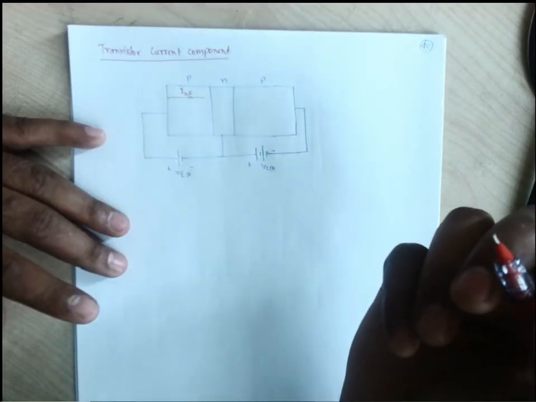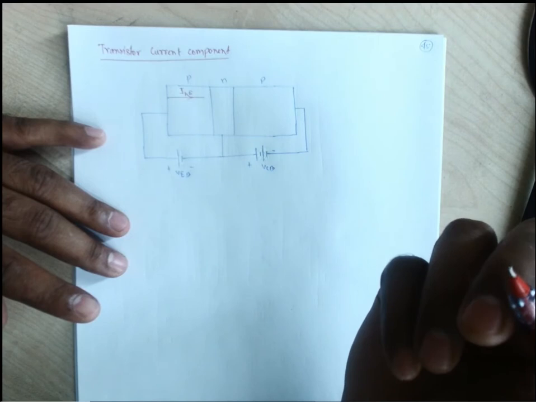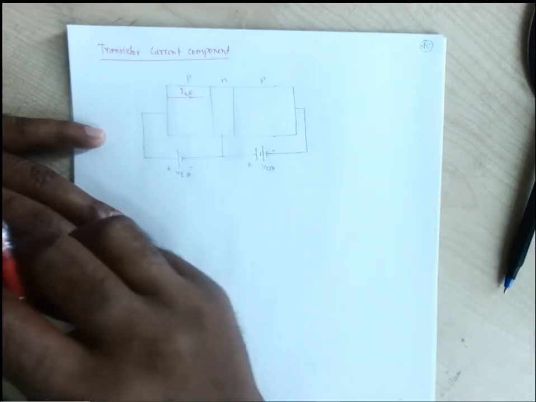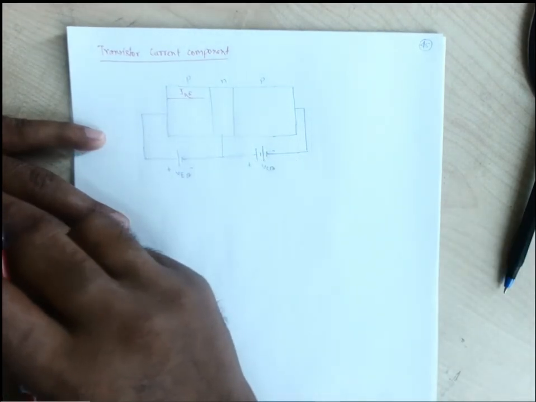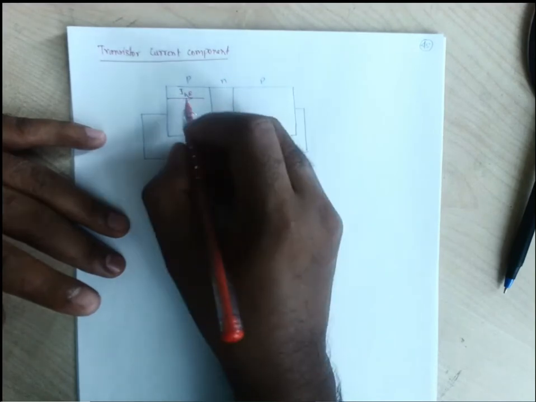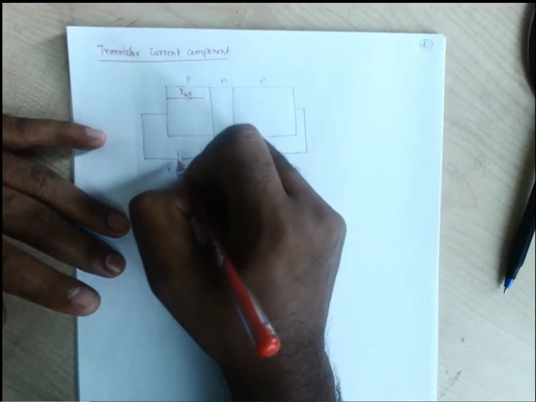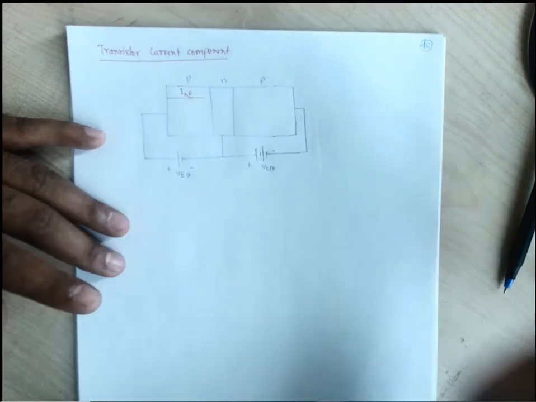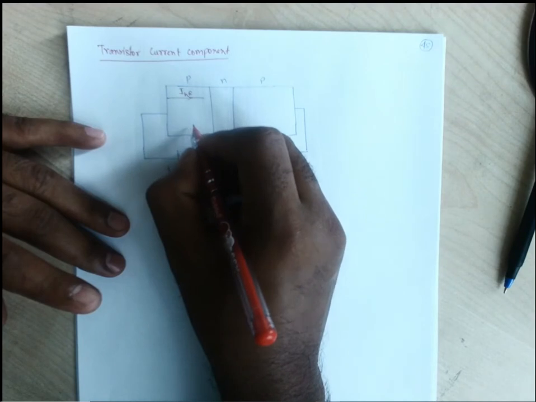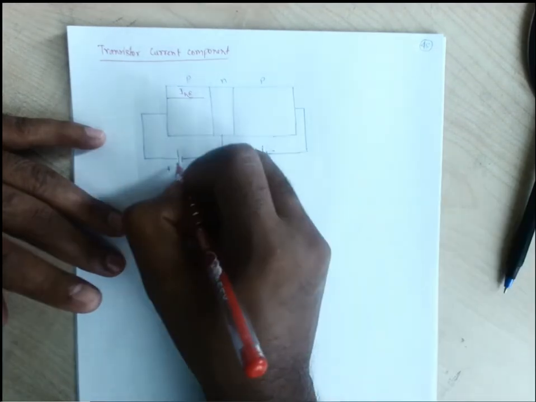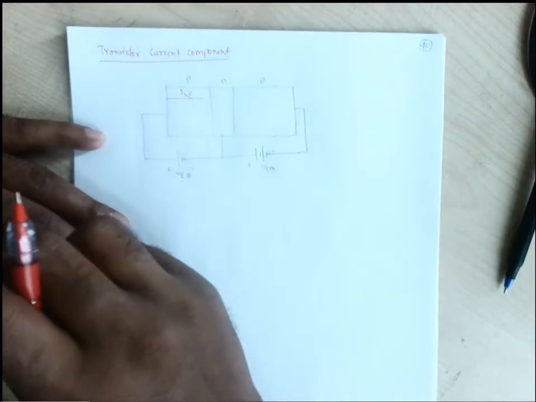The holes have a certain repulsive force from this external supply, so they will move in this direction. But the electrons of this region will be attracted by this positive of the battery.